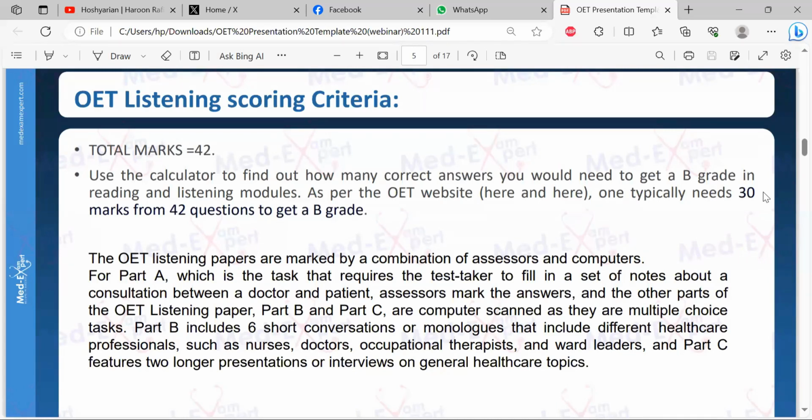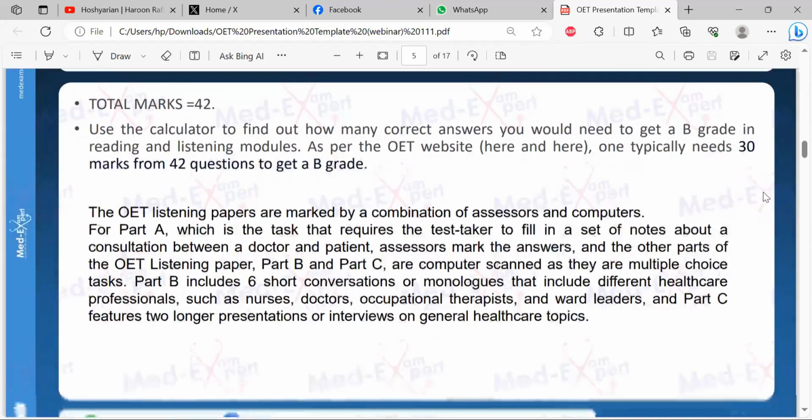The OET listening paper is marked by a combination of assessors and computers. For part A, which is the task that requires the test taker to fill in a set of notes about a consultation between a doctor and a patient, an assessor marks the answer. The other parts of the OET listening paper, part B and part C, are computer scanned as they are multiple choice tasks.